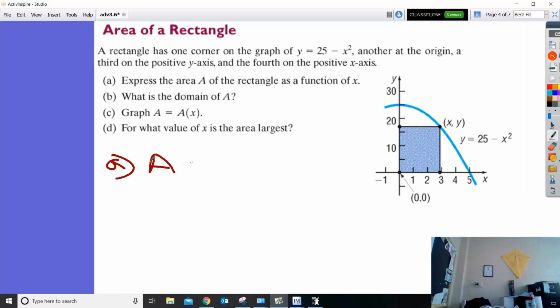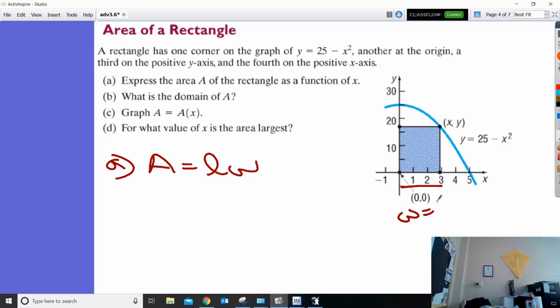Okay, silence again. Length times width, isn't it? But that's not an expression of x. Never has been, never will be. Now, this width right here is just some x value. You okay with that? That width is just an x value.